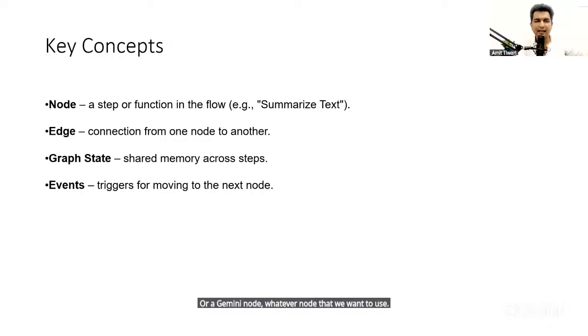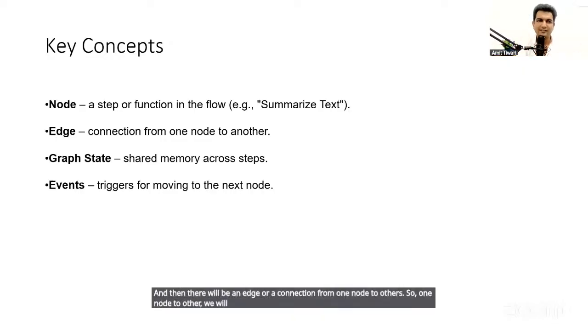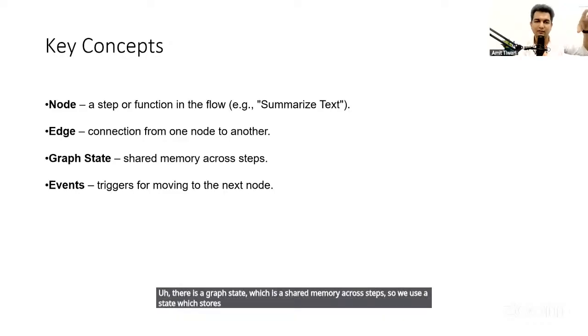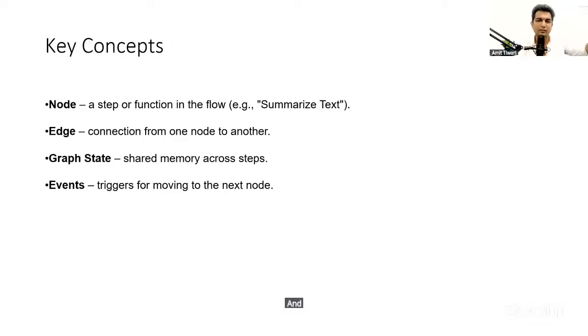And then there will be an edge, or a connection, from one node to another. That edge will pass on information. It will also have the definition of which nodes it is being connected with. There is a graph state, which is a shared memory across steps. We use a state which stores variables and the values of whatever these steps or nodes have generated.